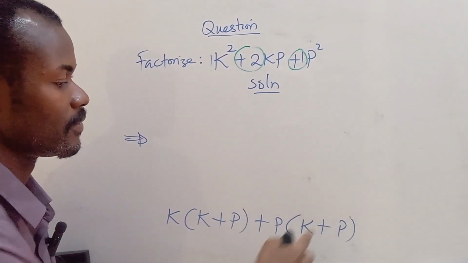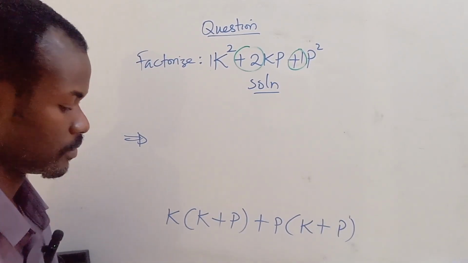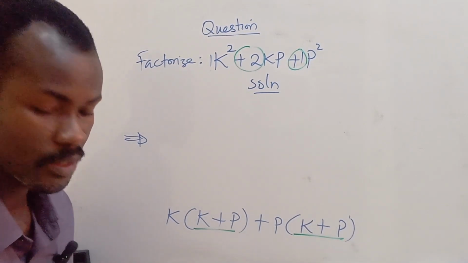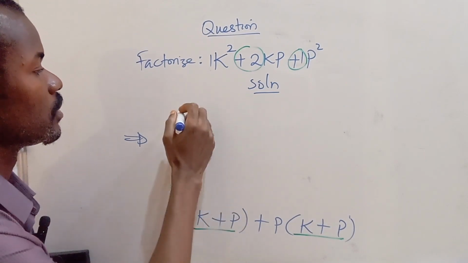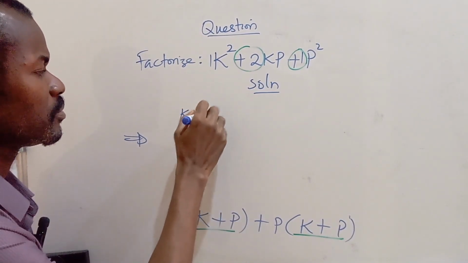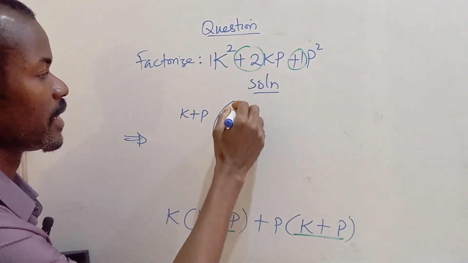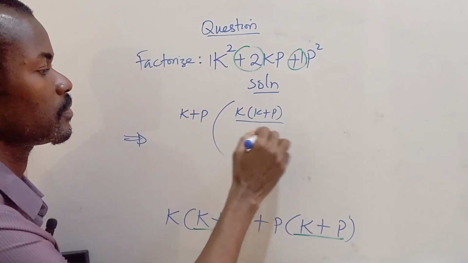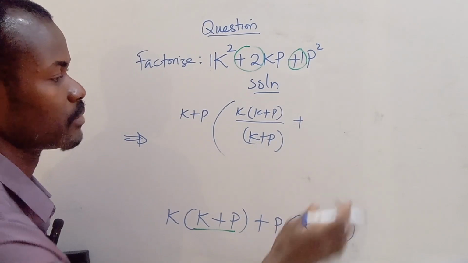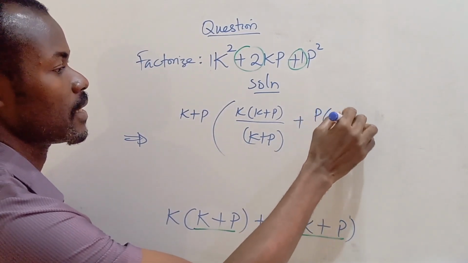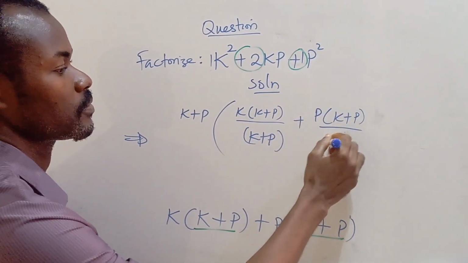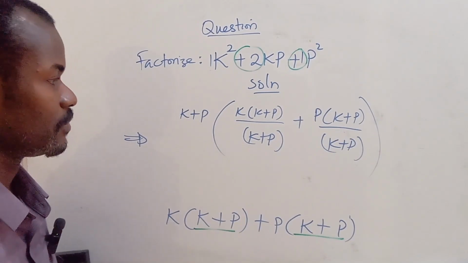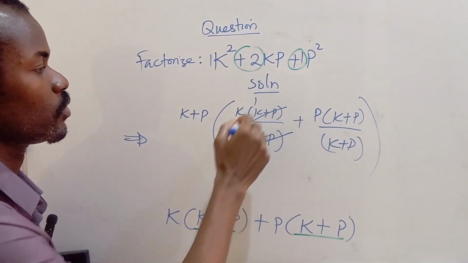So we can observe that from this expression, k plus p and k plus p is common. So all you need to do is divide this expression by k plus p and this expression by k plus p, such that this will cancel out, this is 1, 1.